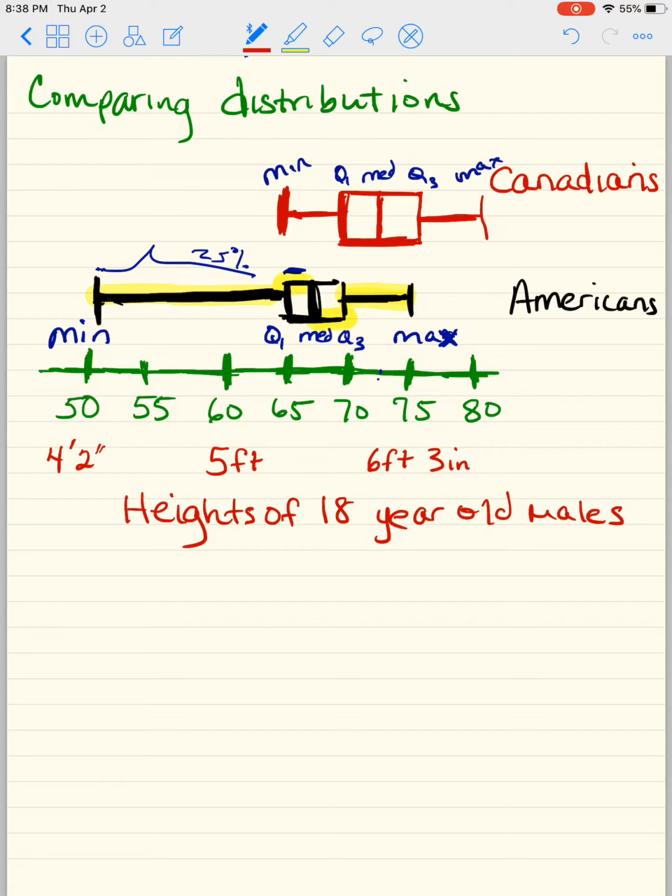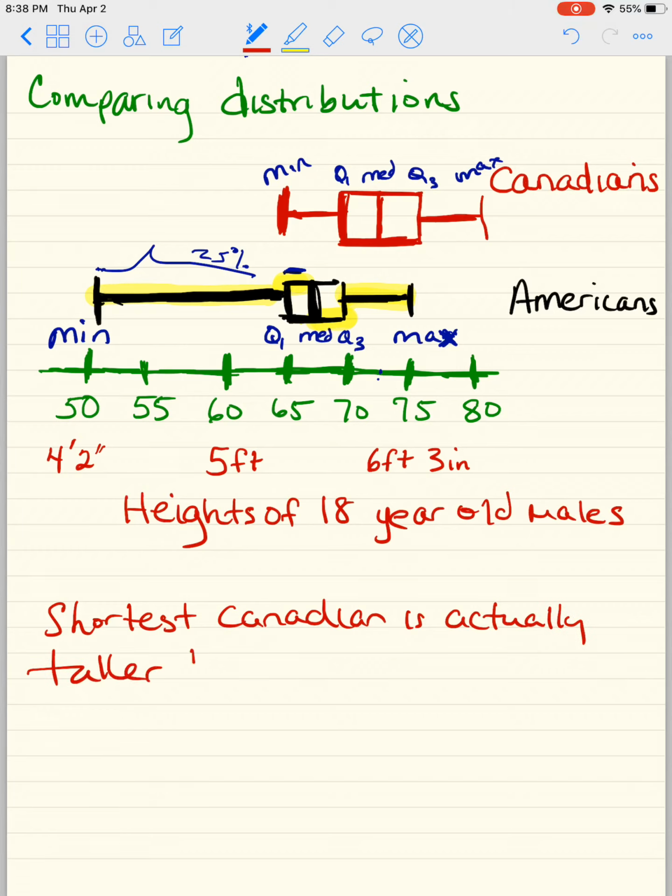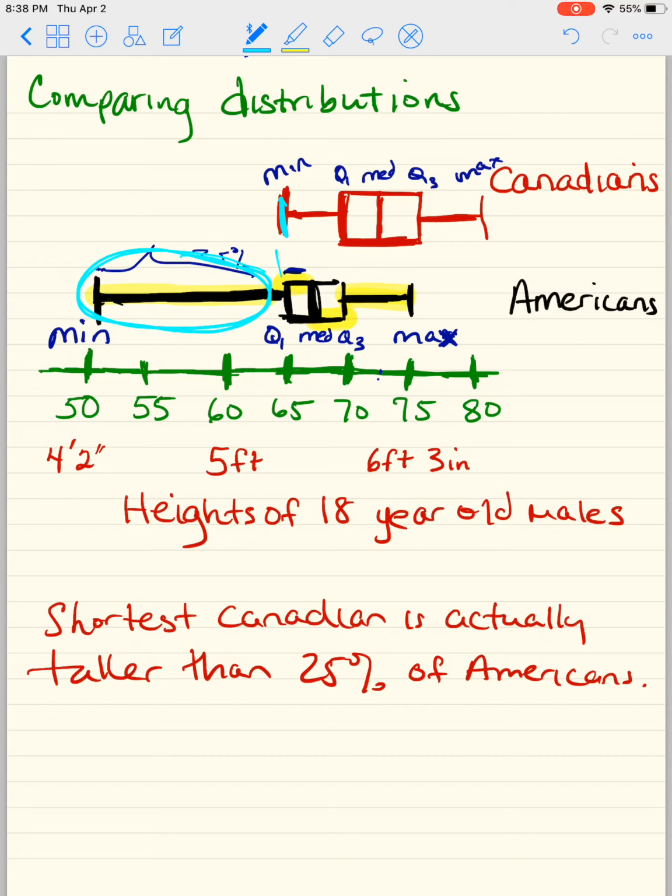So now we can say the shortest Canadian is actually taller than 25% of Americans. So once again, this guy is larger than all of this, or even equal to, but basically he's taller than all of these people.